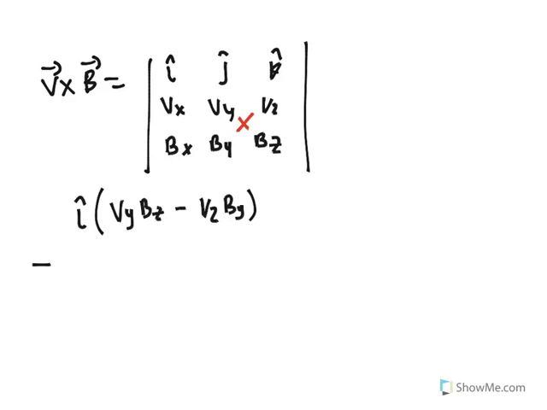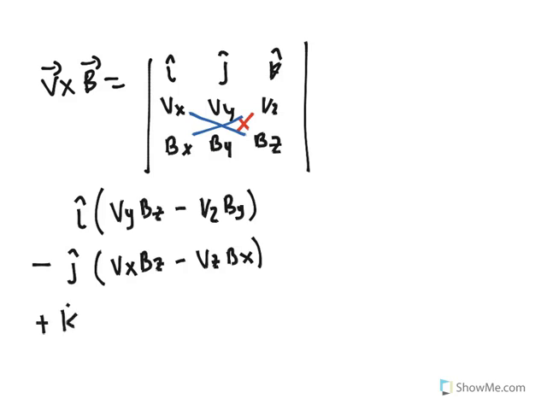Then I input a minus, and in order to perform j, I will do this times this minus this times this. So this is going to be, for instance, Vx Bz minus Vz Bx, and remember there is a minus here, so this usually generates a lot of noise.